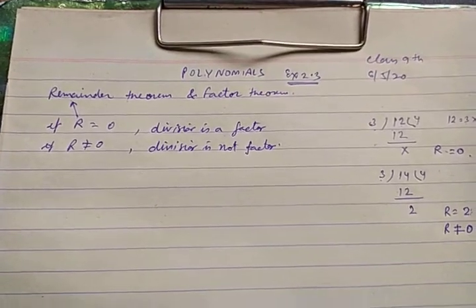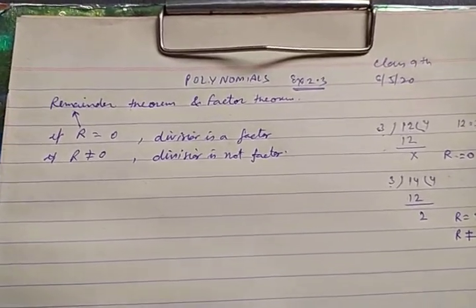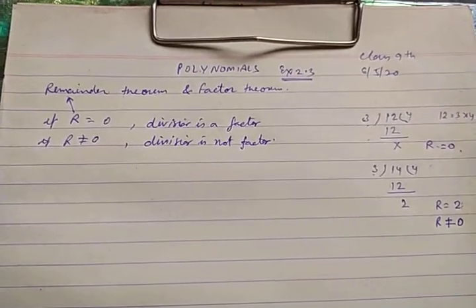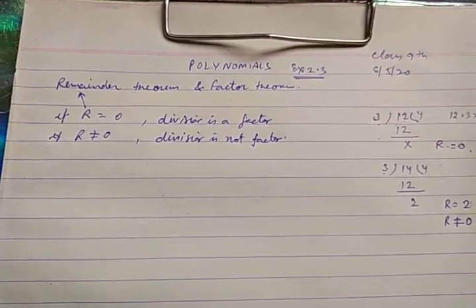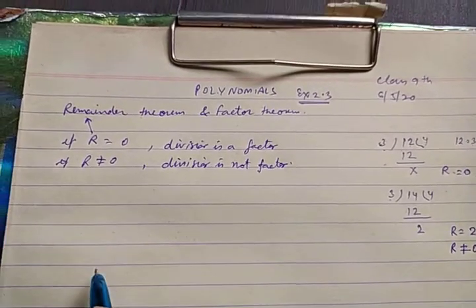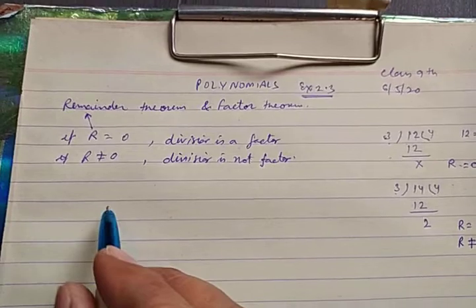Now if you come to the algebraic expression, means the polynomials which you have read in the previous exercises 2.1 and 2.2, let us take a polynomial.